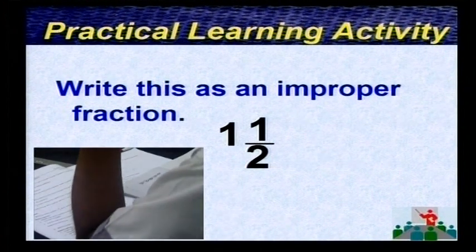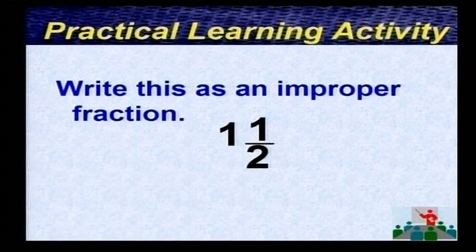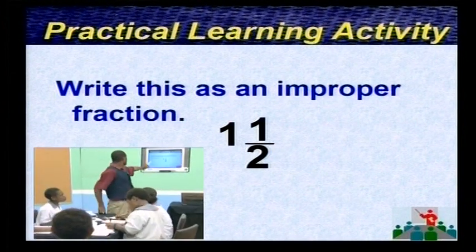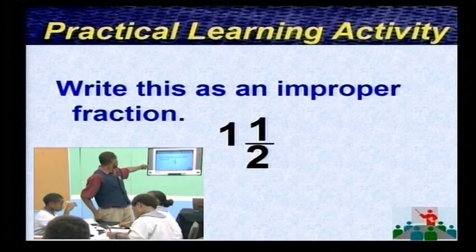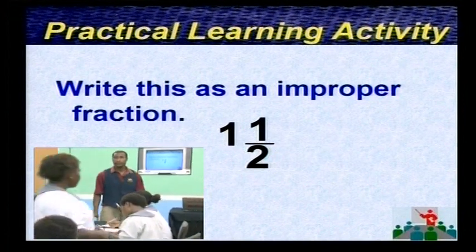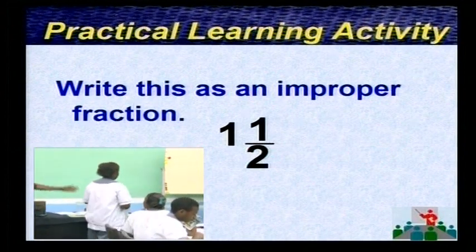Okay, let's have Daisy. Daisy? Daisy, can you write or show your working out how you got 1 and 1/2 as an improper fraction? So you can write your working out and then explain.